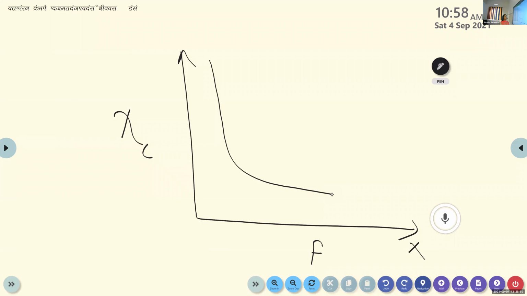So in the case of capacitive reactance, it is inversely proportional to frequency. In the case of inductor, the inductive reactance is directly proportional to frequency. In that case, we get a straight line graph.